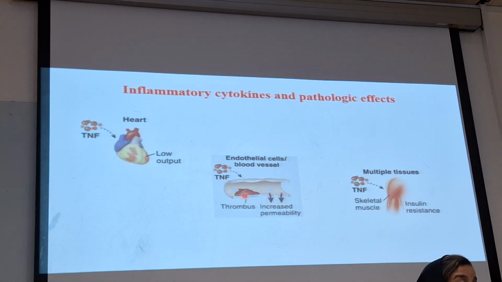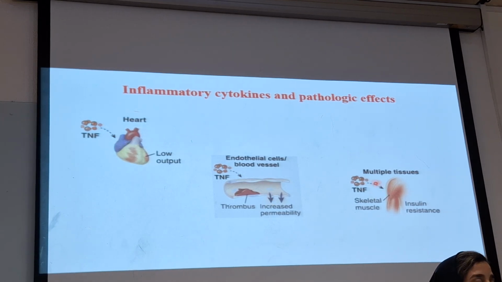And also TNF affects endothelial cells and induces production of tissue factor. Tissue factor is very important for coagulation, and leads to thrombosis.